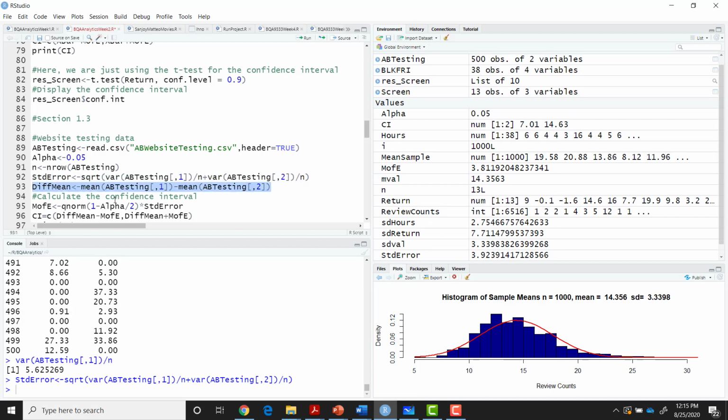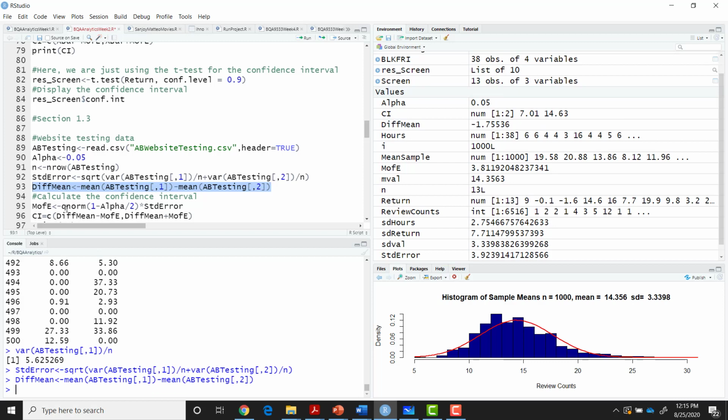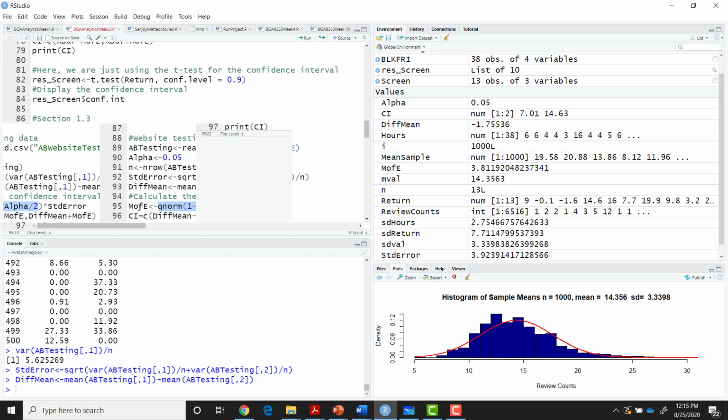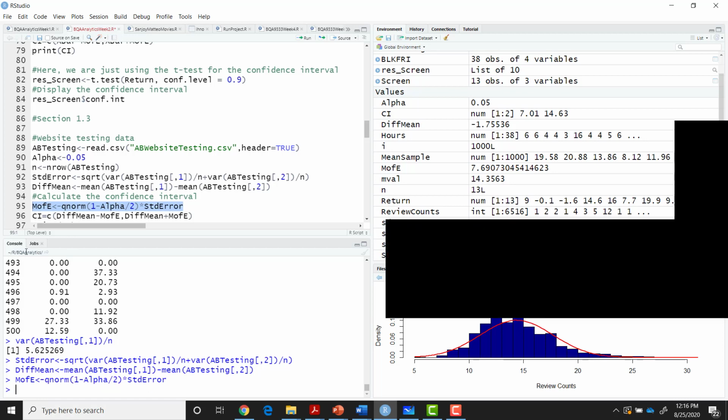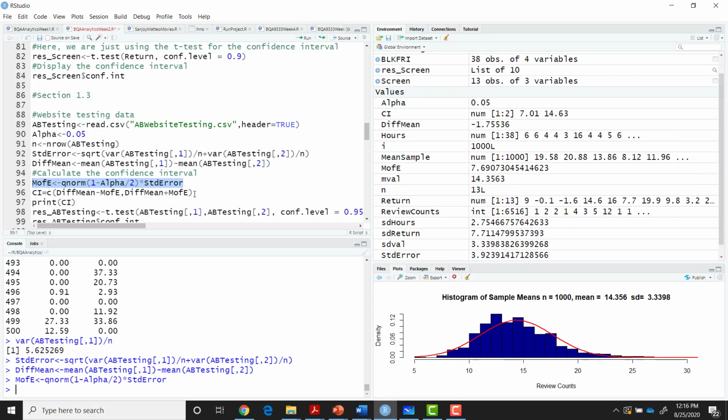Now we want the x bar 1 minus x bar 2. The margin of error, as I said, uses the more mathy z. qnorm gives me my z value. And when we say z alpha over 2, it's to the right of the distribution, so it's 1 minus alpha over 2. We're taking it cumulatively. And then we do the final confidence interval.